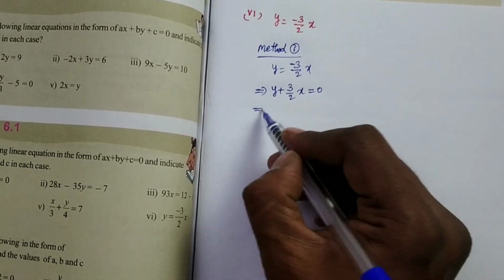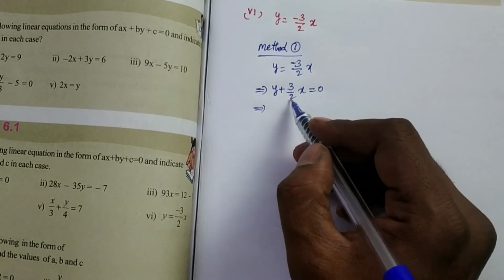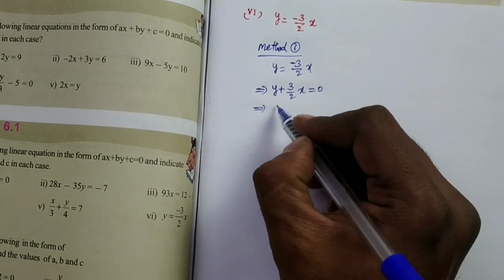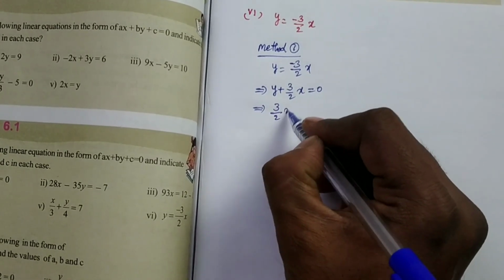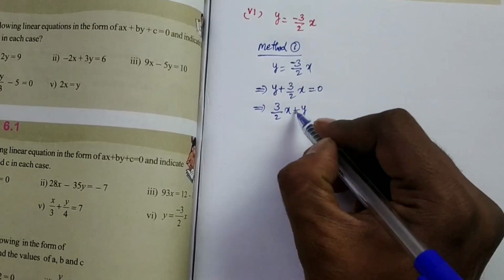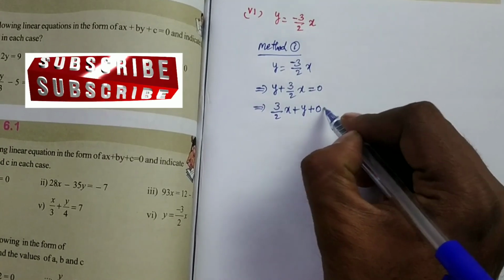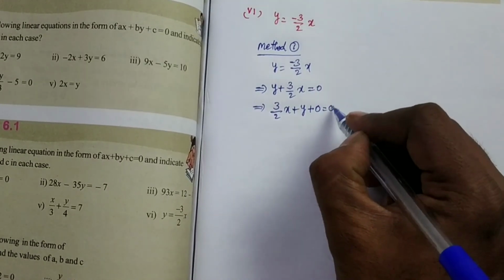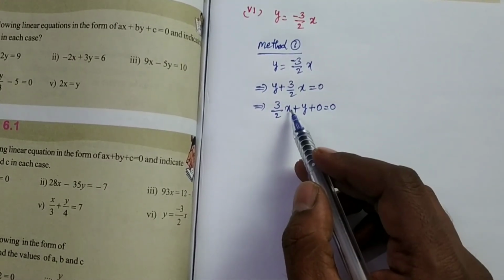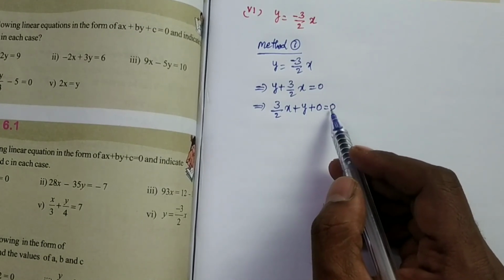But now the given equation is not in the form of ax plus by. So write in order: 3 by 2 x plus y. Here the constant term is not there, so in the place of the constant term you take 0. So now it is in the form of ax plus by plus c is equal to 0.